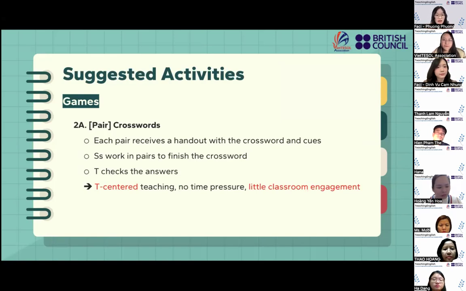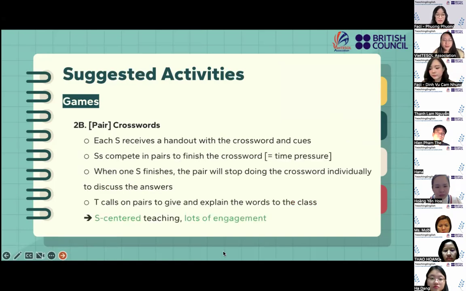It is still an activity that some students may find fun. But now let's add some element of competitiveness, by making the students compete within their own pairs. Instead of each pair getting one handout, each student gets their own handout with the crossword, and students compete in pairs to finish it.